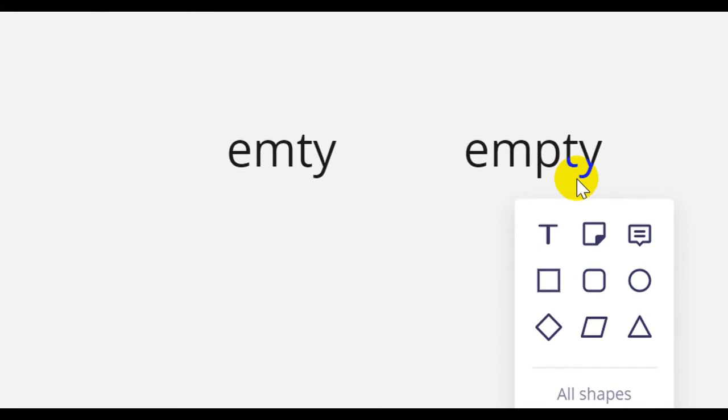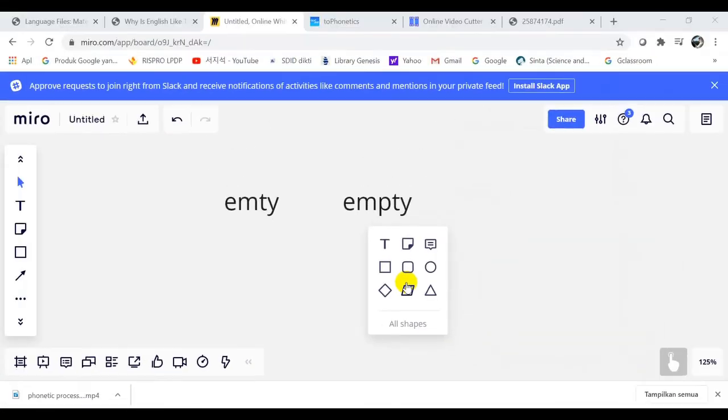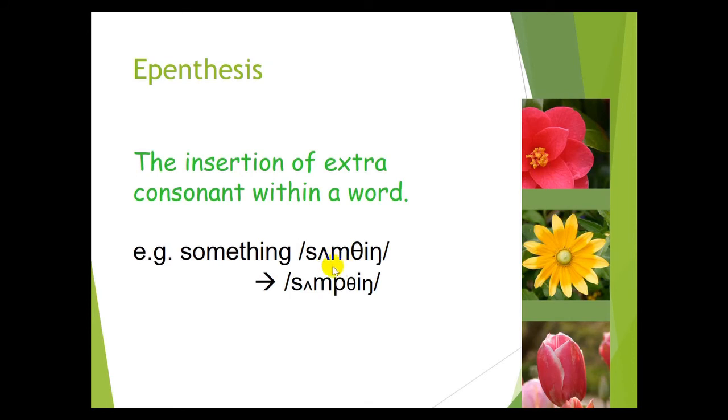In fact, it was "emty" without the p. The same thing happened in something, the word something before. Here the sound changes into th. Here we have bilabial nasal, and then here we have an oral sound. The position of the tongue is still in the bilabial, but the air goes out from the nasal cavity before, and when we produce the next sound it becomes oral.